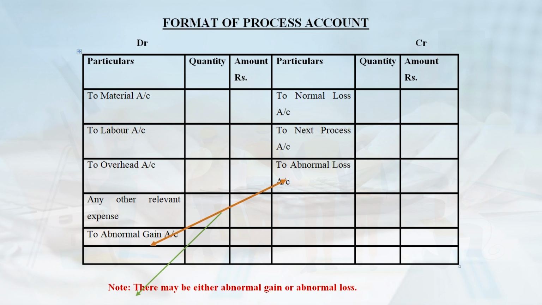And on the debit side we will write any other relevant expenses related to the process, and then we will record on the debit side to abnormal gain account if there is any gain. Note that there may be either abnormal gain or abnormal loss.